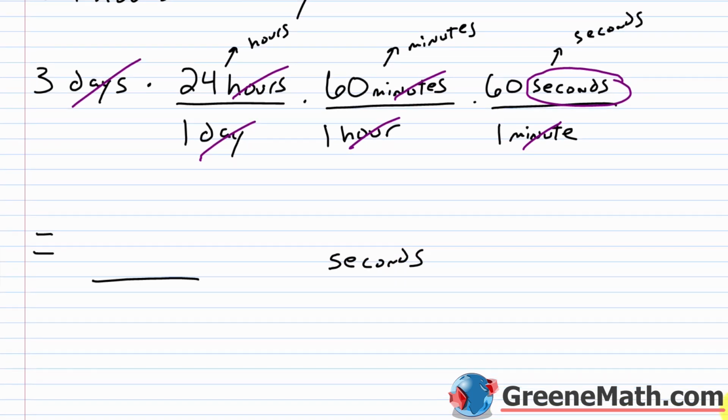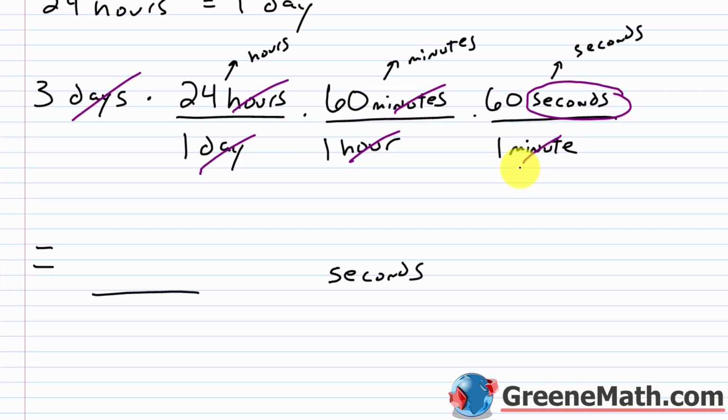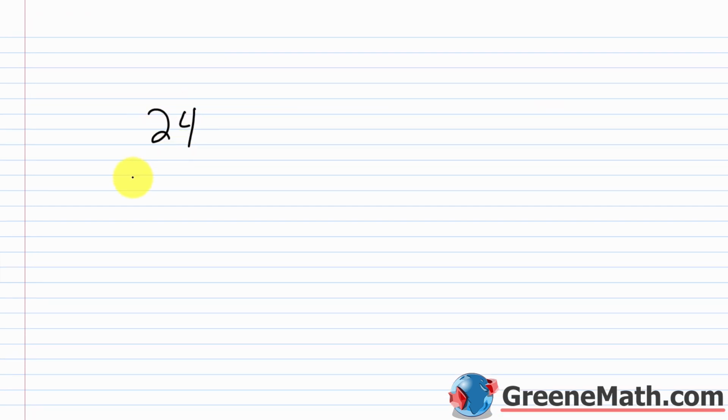All right, so let's do some multiplication here. Every denominator is 1, so you can just look at 3 times 24 times 60 times 60. So let's do 3 times 24 first. 24 times 3. 3 times 4 is 12. 2 down, carry the 1. 3 times 2 is 6, plus 1 is 7. So that's 72. And then I need to multiply by 60, and then by 60 again.